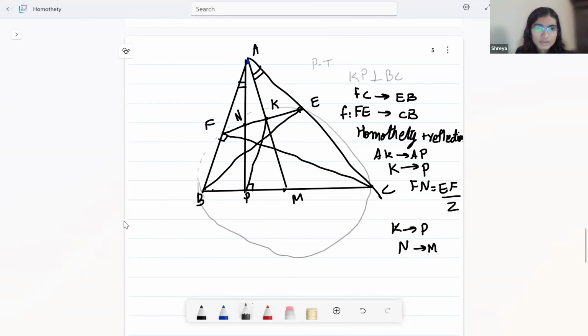Sorry, K maps to Q under the homothety. If P is the foot of the perpendicular from A to BC, then it will pass through the orthocenter.